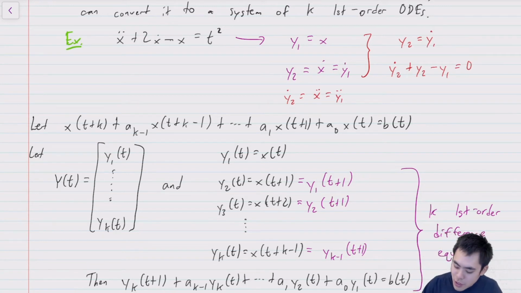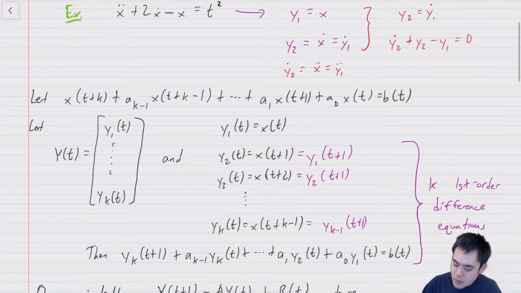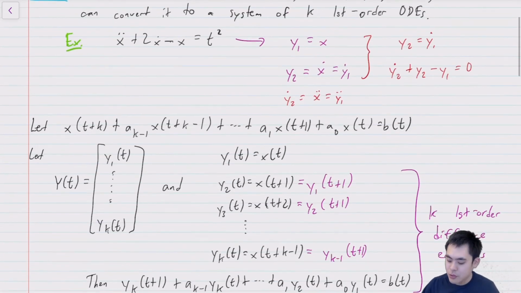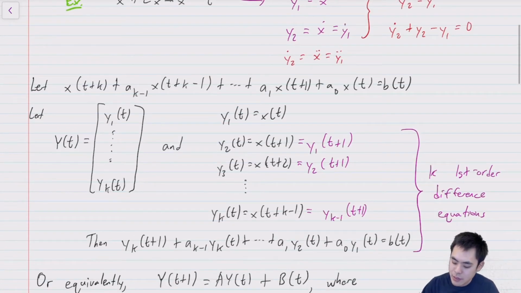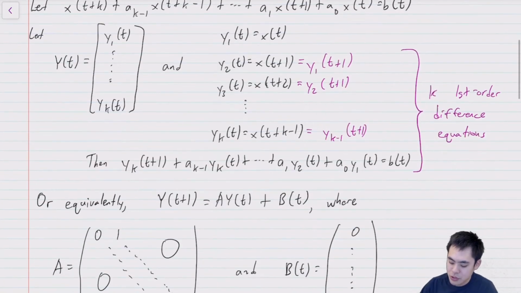So here we start off with y1 is equal to x. Here we start off with y1 is equal to x again. But then we have y2 is equal to x of t plus 1 instead of x dot. And of course, we can do the same sort of thing over here, and we get a system of k first order difference equations.